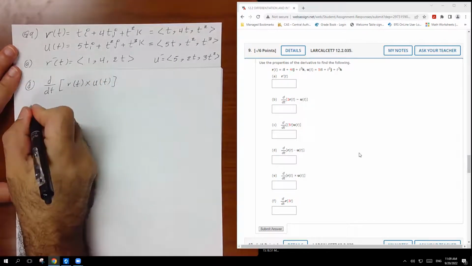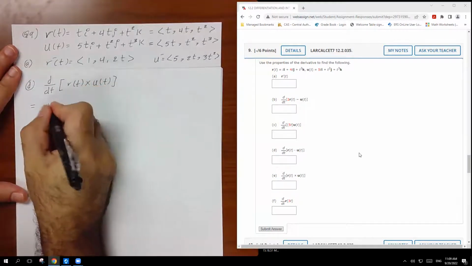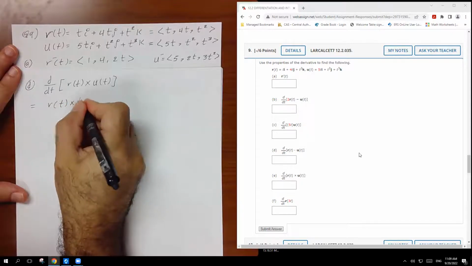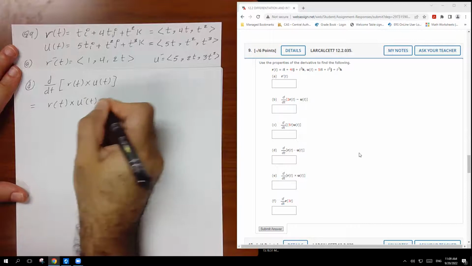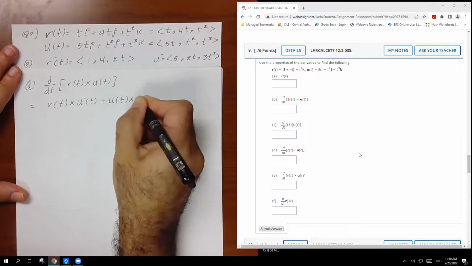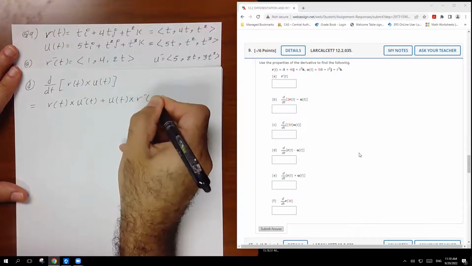The same thing: the first one cross with the derivative of the second one plus the second one cross with the derivative of the first one.